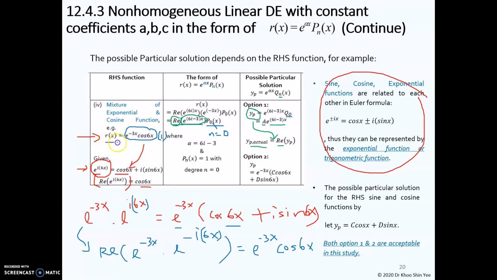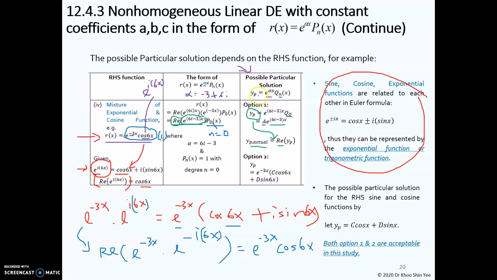In simple terms, if you have this right-hand side function, to propose the possible particular solution, you need to check the power of the exponential. The cosine 6x here is linked to the exponential i6x. Therefore, we can multiply the exponentials here to obtain the coefficient for alpha equal to negative 3 plus 6i.